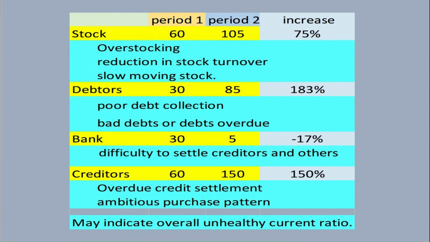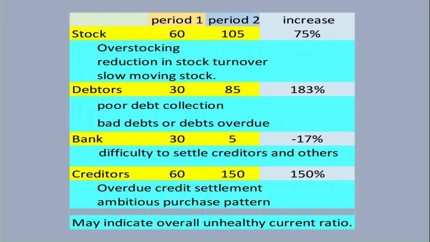Debtors increased by nearly 200% from period 1 to period 2. May indicate poor debt collection, bad debts or debts overdue. Bank balances have reduced to almost 17% from one period to another. May indicate difficulty to settle creditors and other payments.